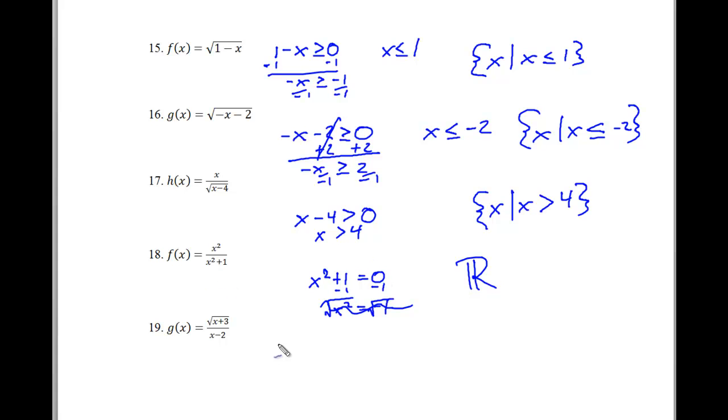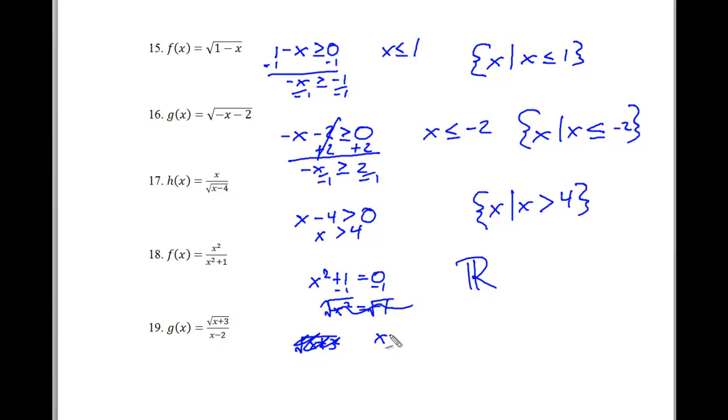So, problem number 19. To end this video here, I'll work with this one because it has a square root and a denominator, so I have to do two separate cases. I have to take the case of the numerator, x plus 3, and I want that to be greater than or equal to 0.